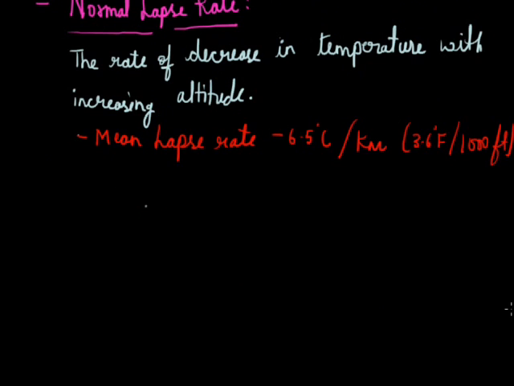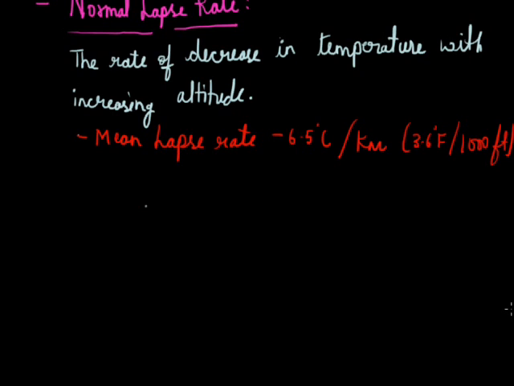This normal lapse rate is furthermore affected by different conditions as we move upward in the atmosphere. There can be a dry zone, there can be a humid zone. So, with different kinds of air parcels that exist in between, the normal rate of temperature fall can be affected.